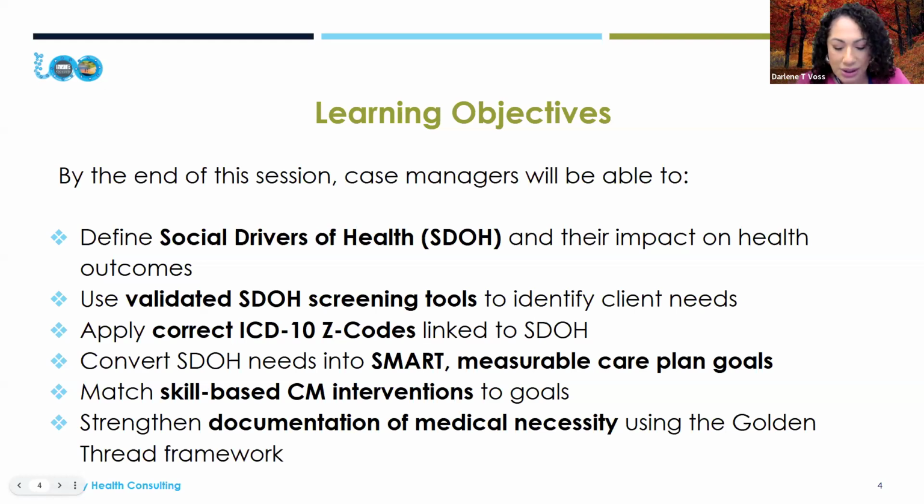Then we'll turn those needs into SMART goals and care planning that match interventions. And finally, strengthen documentation using the golden thread that ties everything together. So assessment, need, goal, intervention, and progress. Next slide, please.